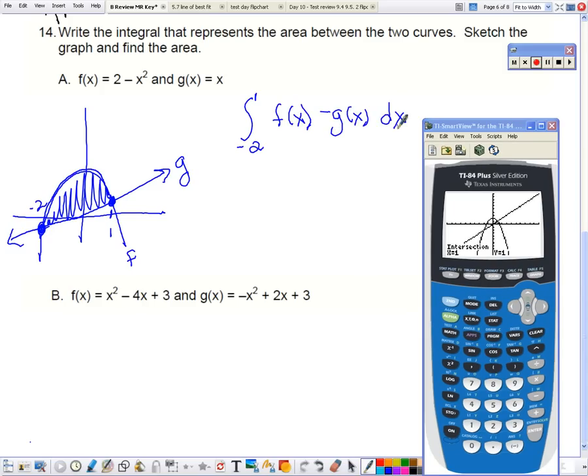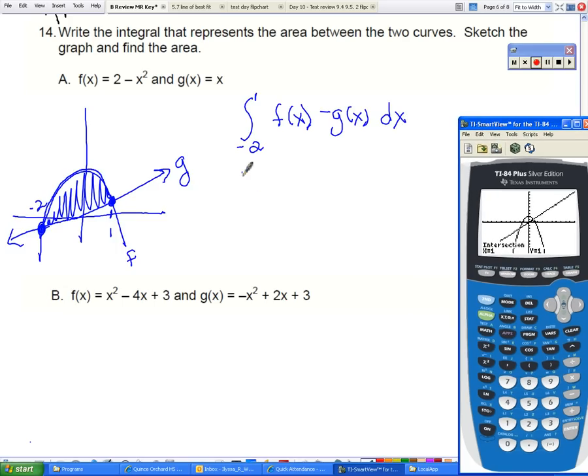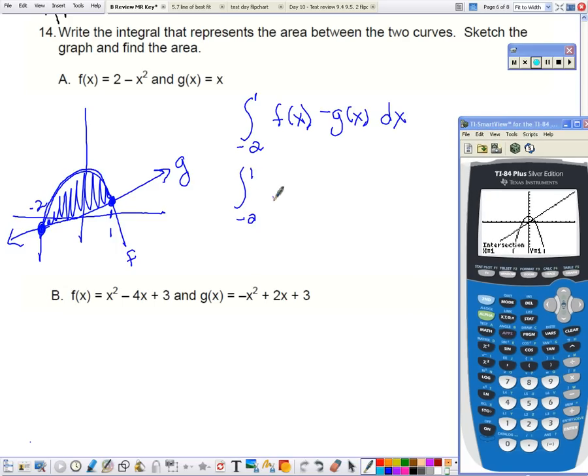Now you can calculate that a few different ways. I could actually calculate what 2 minus x squared minus x equals, and then using our simple power rule and the fundamental theorem of calculus, calculate this integral.